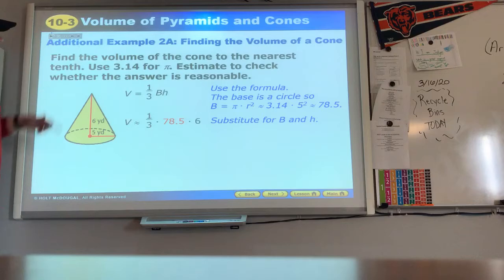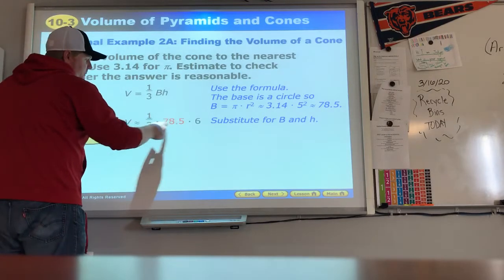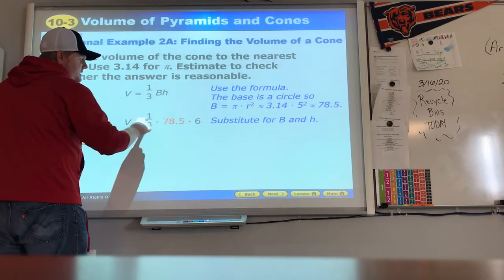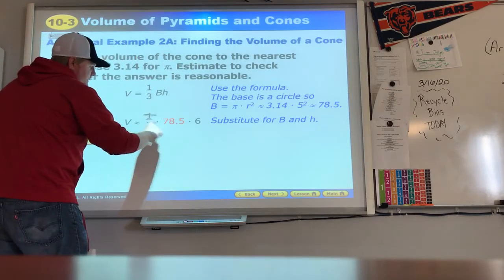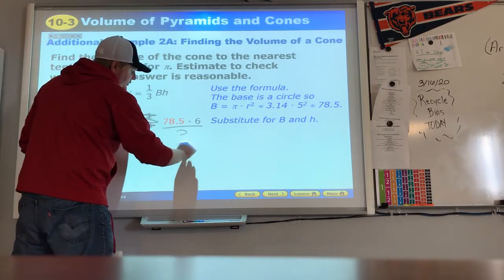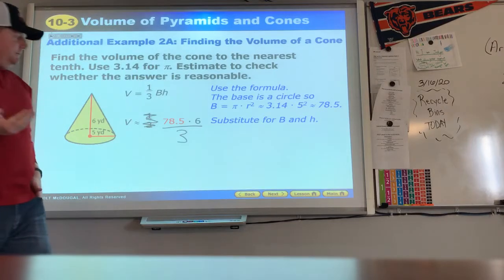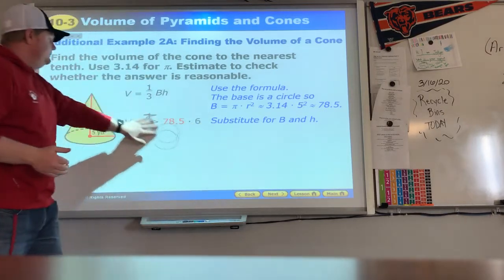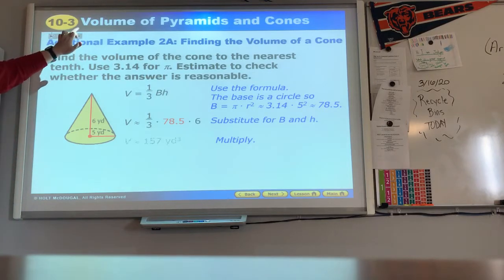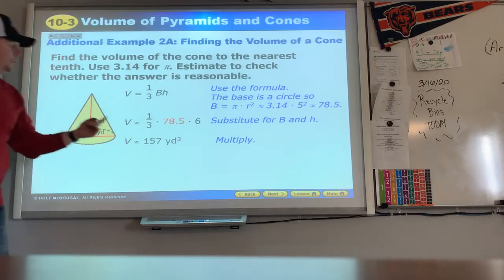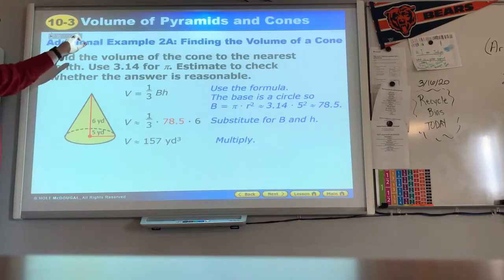So when we substitute that in, there's your area of the base, times our 6, times 1/3. I chose to, instead of doing this, divide by 3. Those are the same things. Multiply. 157 yards cubed. We do get the same answer.